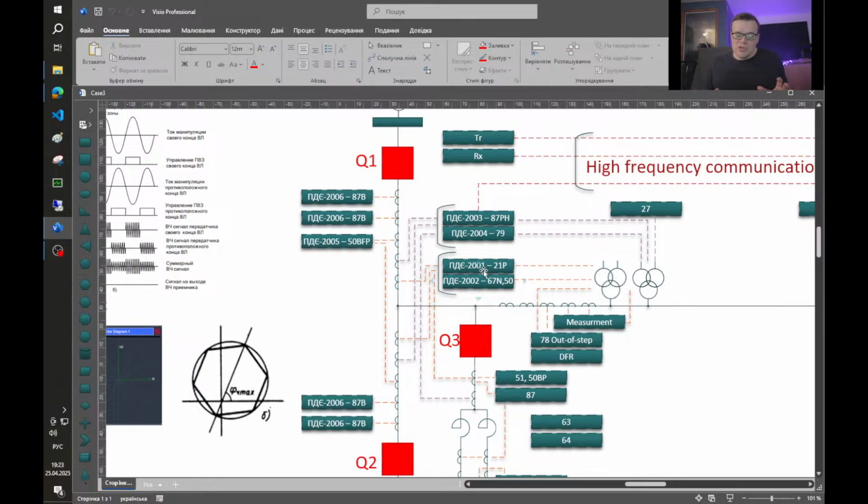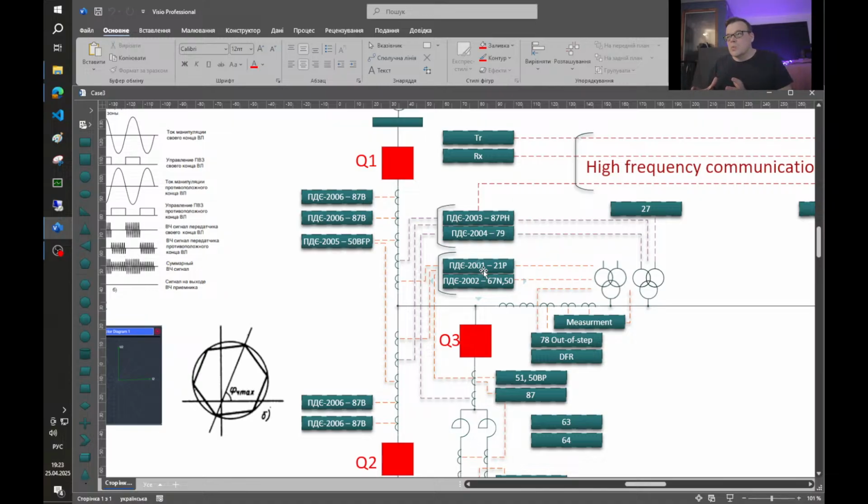If we talk about three-phase AR, usually it is not started by any protection, but by the difference between the position of the switch that commands to open or close the circuit breaker and the position of the circuit breaker.